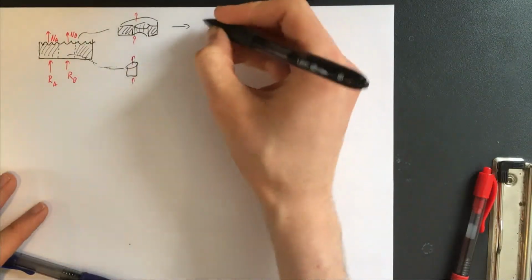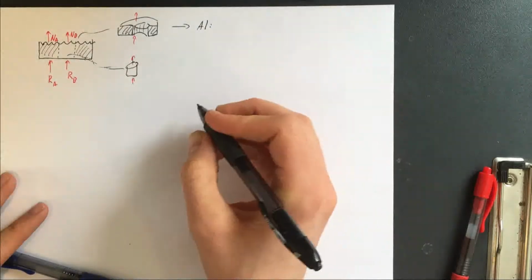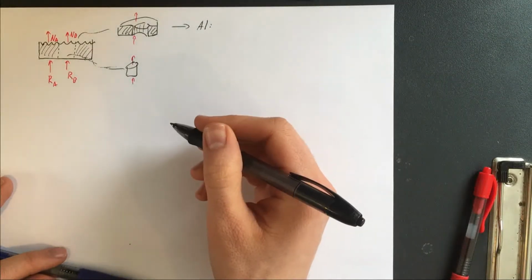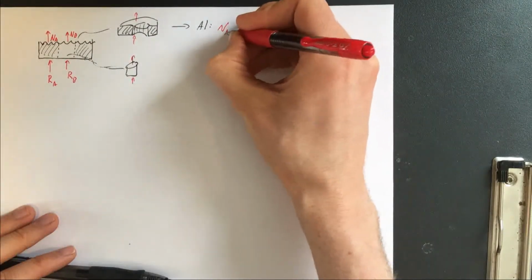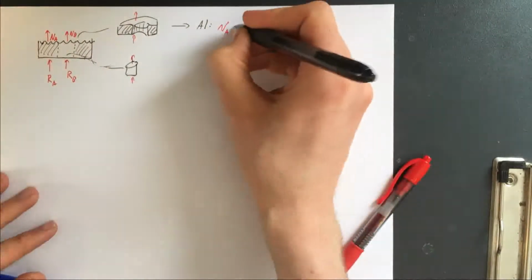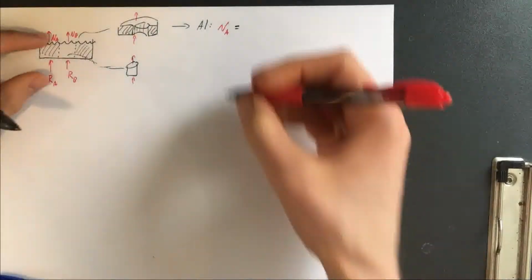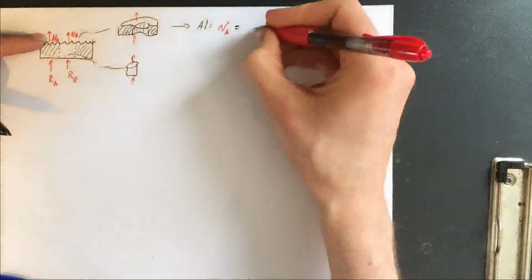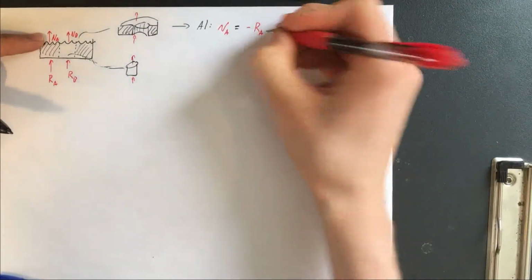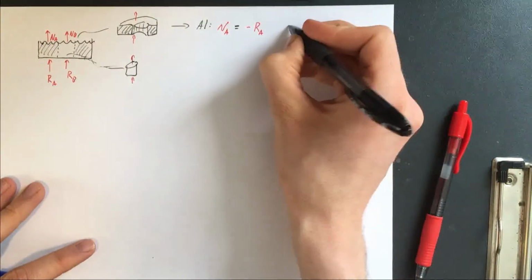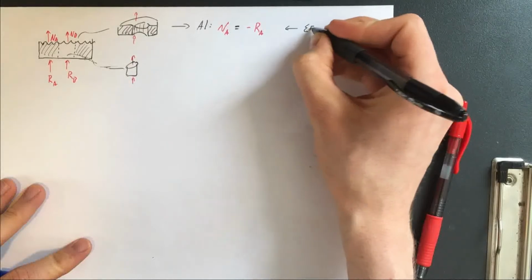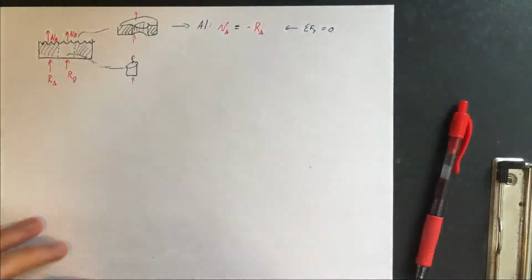So if we looked at the aluminum section, we would conclude that the normal force within the aluminum section must be equal to negative the reaction force at A. I skipped a couple of steps, but this is what you get by summing forces in Y and setting that equal to 0.